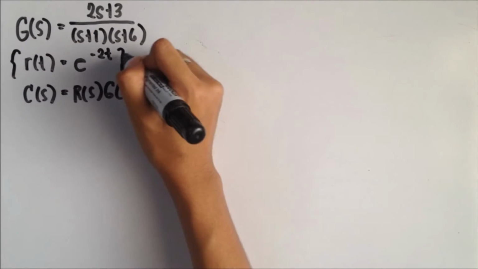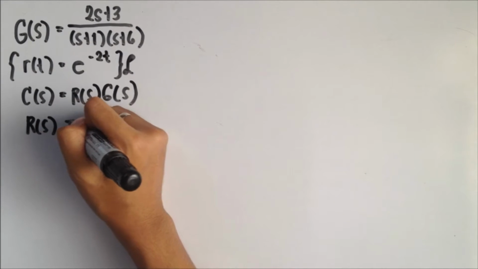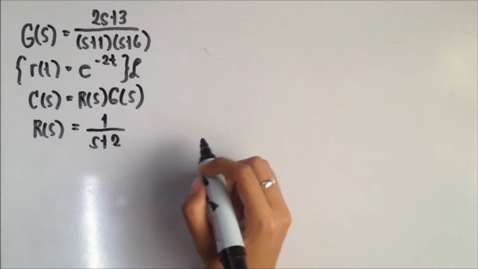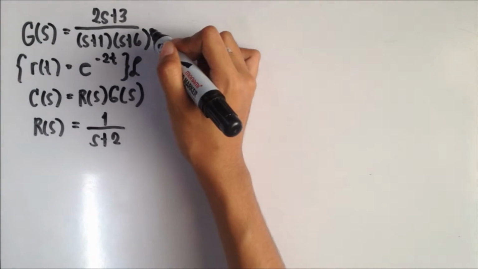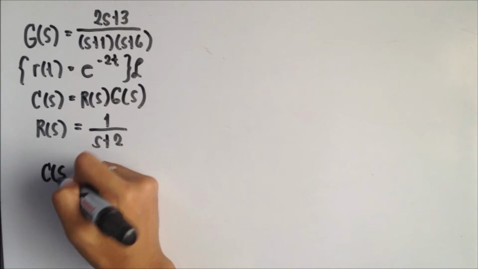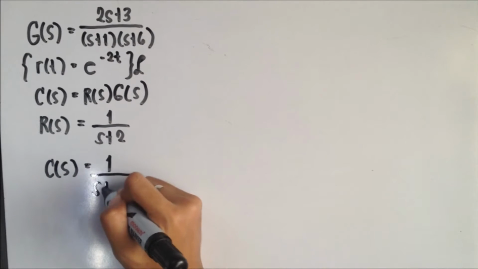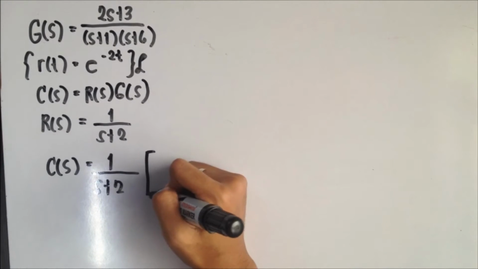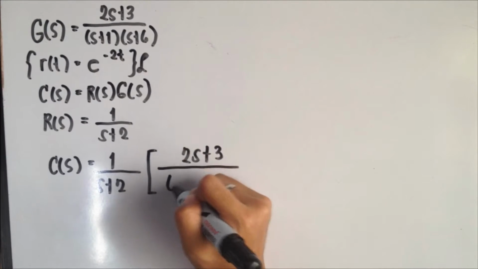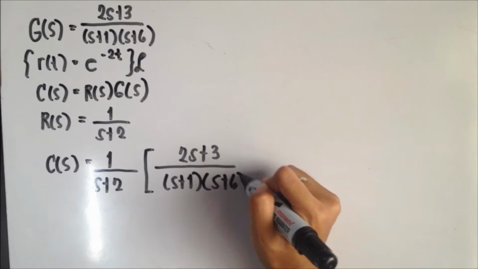So we're going to have to perform the Laplace transform for r of t, and we can obtain r of s, which is equal to 1 over s plus 2. So now we can substitute r of s and g of s into the equation for c of s. So c of s will be equal to 1 over s plus 2 multiplied by 2s plus 3 all over s plus 1 times s plus 6.